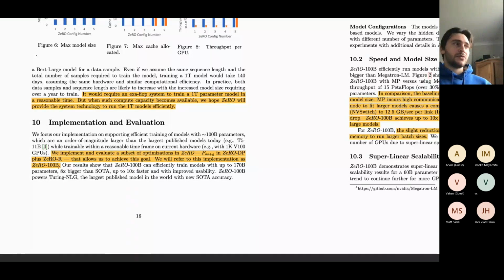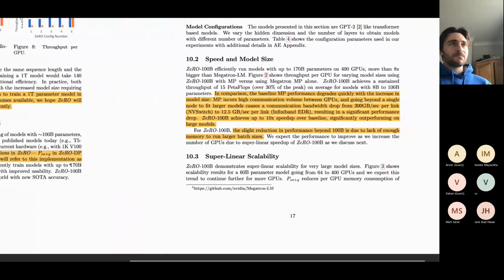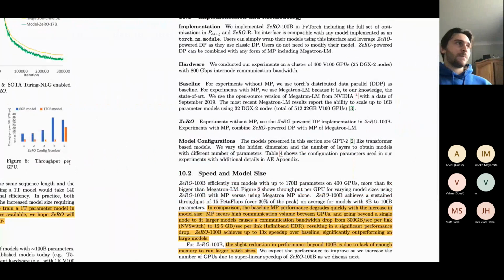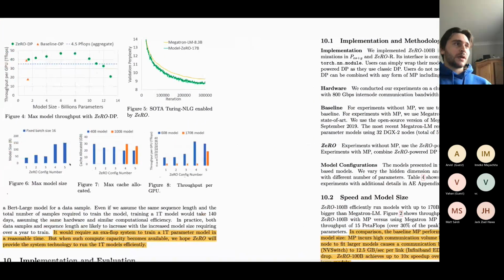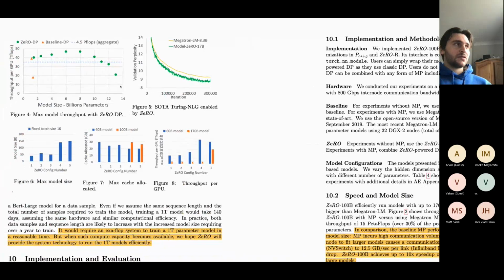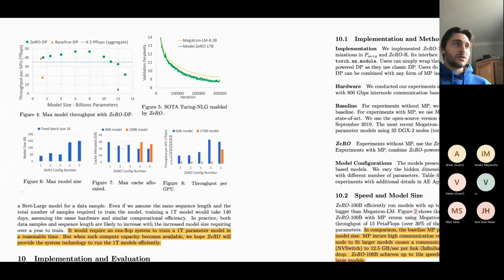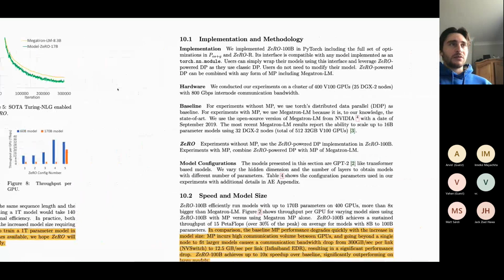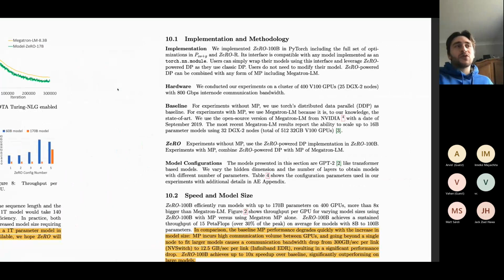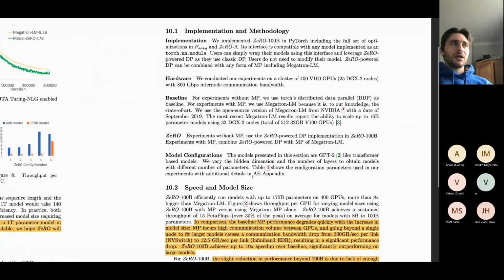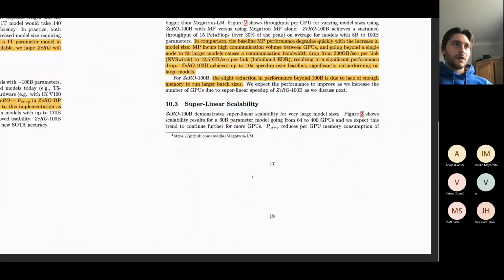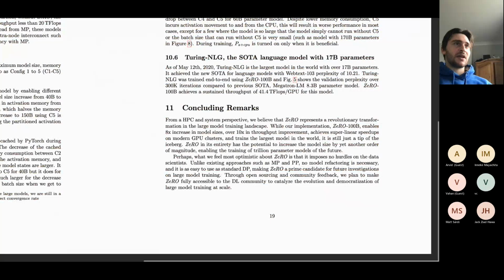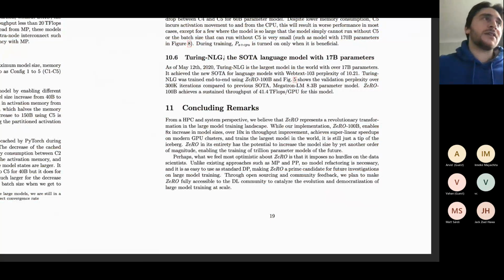So they've released this ZeRO 100 billion, and there's a ton of different results. If you're interested, I would encourage you to read about the results. But one cool result which is worth mentioning is that they use their method to train the largest language model at that time, which is called Turing NLG, and it had state-of-the-art accuracy at the time.